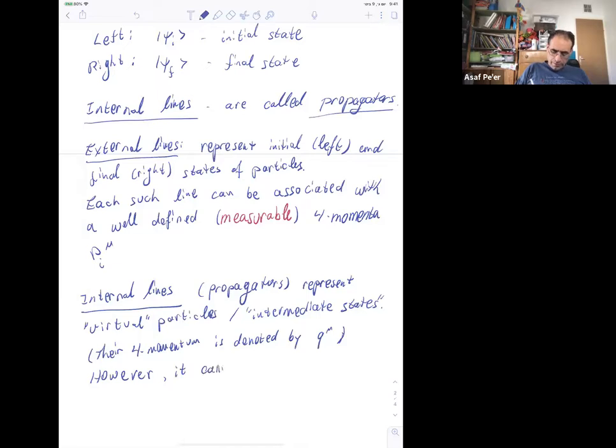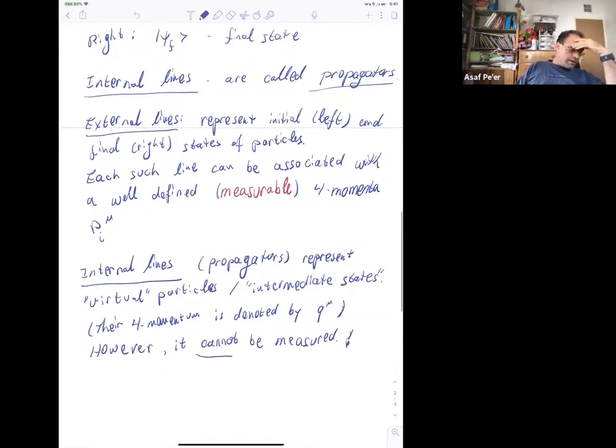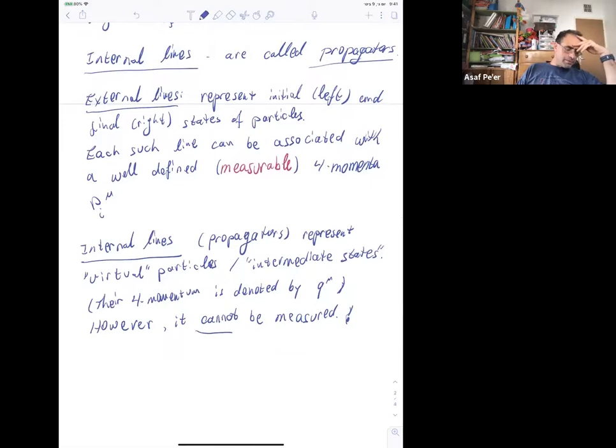It cannot be measured. Since these particles exist for very short times before they are destroyed, they can have different mass or energy than real particles. This, of course, is in accordance with the uncertainty principle, where delta E times delta T is greater than h bar over 2, and they live a very short lifetime, so they can have any energy in principle.